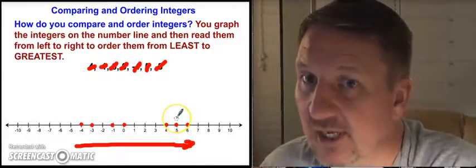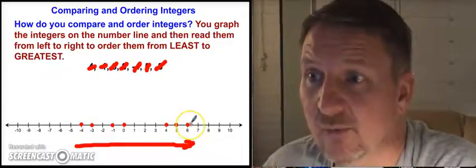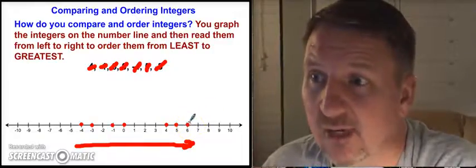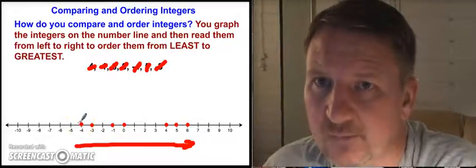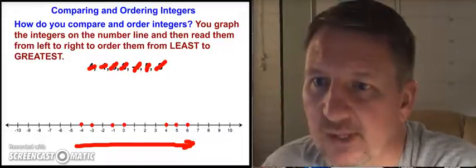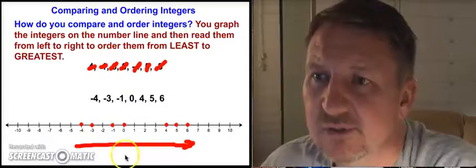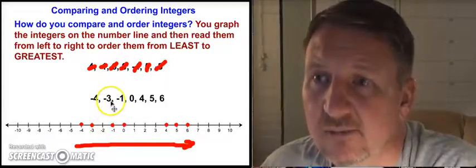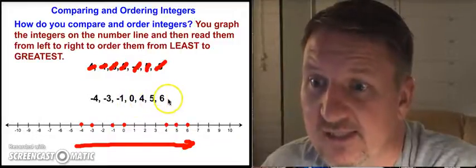If I want to go from greatest value to least value, then I would go from right to left, and I would say 6 is the biggest number and -4 is the smallest number. So that being said, the correct order of these numbers is -4, -3, -1, 0, 4, 5, and 6.